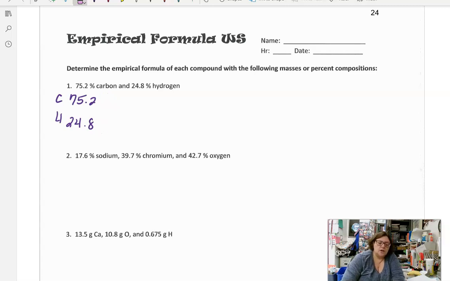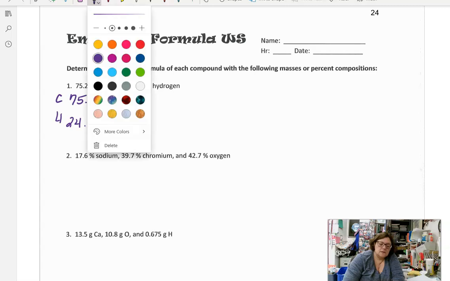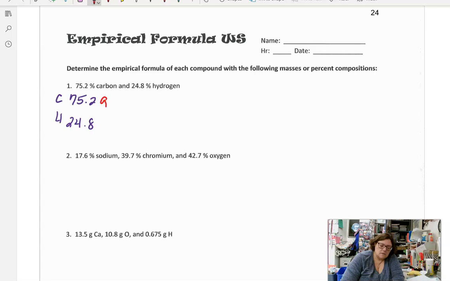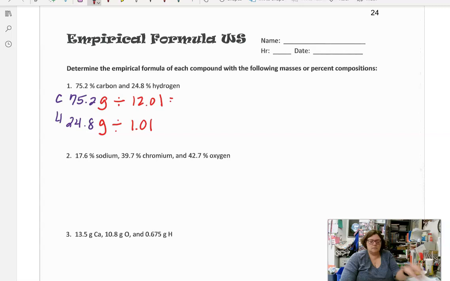That's right. We're going to change percent to mass. What's the next step? Mass to mole. So we're going to divide carbon's mass by 12.01 and hydrogen's mass by 1.01.